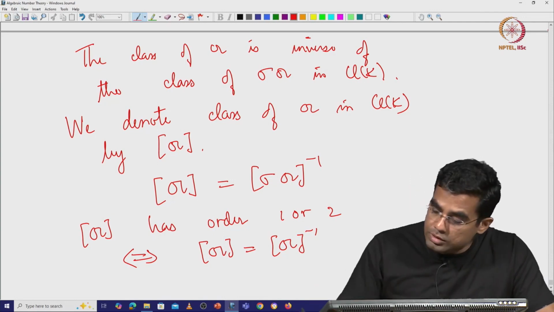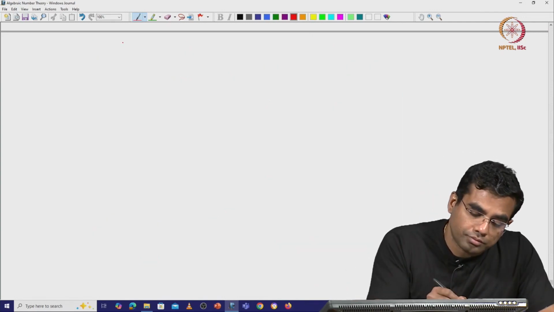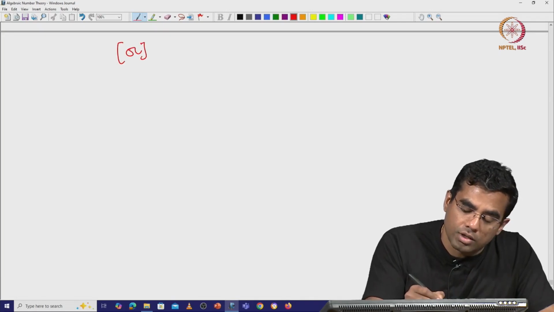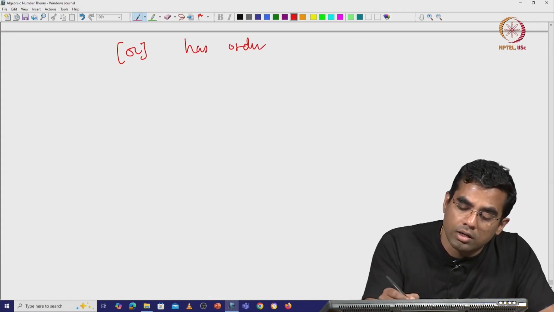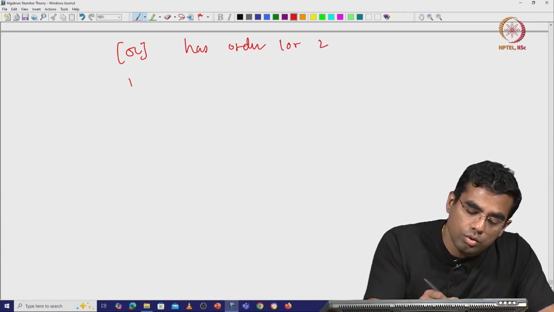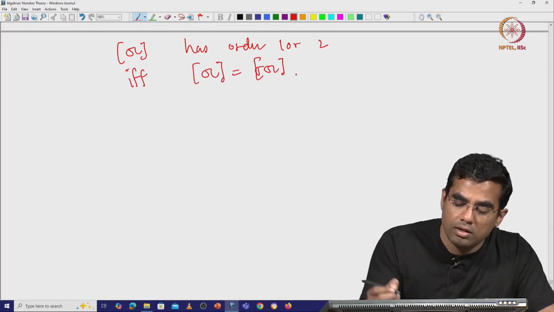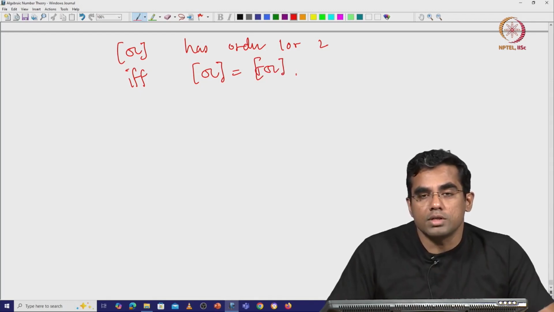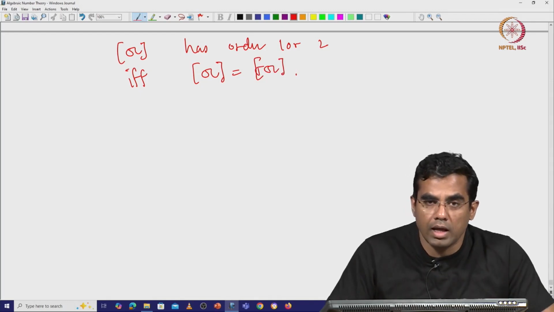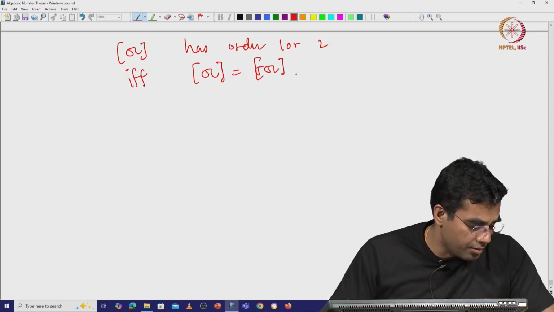And so, [A] has order 1 or 2 if and only if [A] and [sigma A] denote the same ideal class in the ideal class group of K.